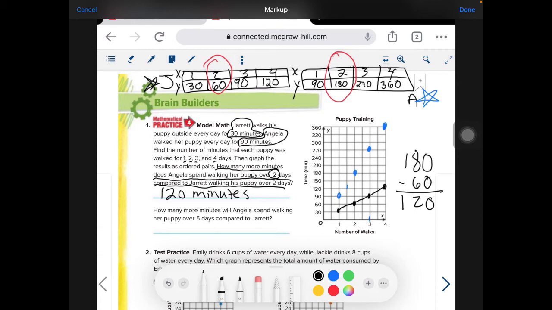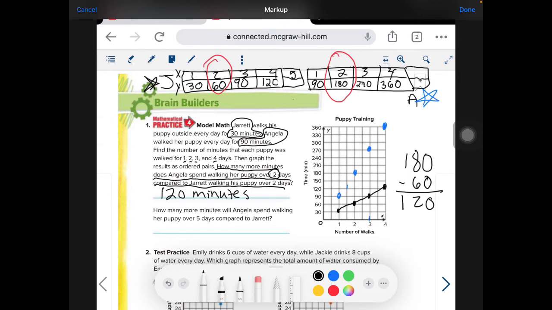How many more minutes will Angela spend walking her puppy over 5 days compared to Jarrett? Okay, I'm going to have to erase a little thing right here. And I don't have enough room on that. So I'm going to have to add a line. 5.